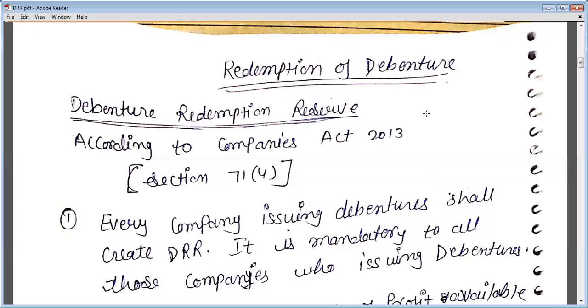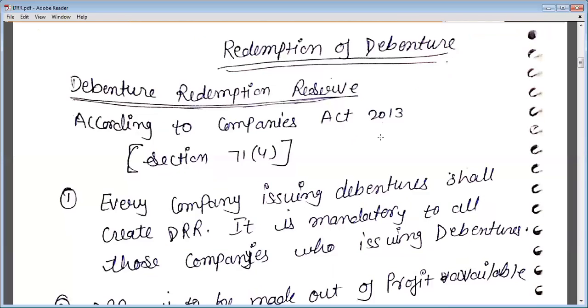So what is the debenture redemption reserve? Debenture redemption reserve basically is a reserve which must be created by a company that is issuing the debentures. According to Companies Act 2013, Section 71(4), every company issuing debentures must create DRR.